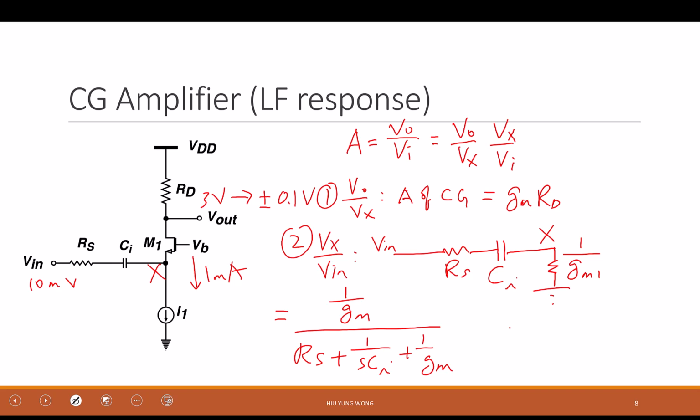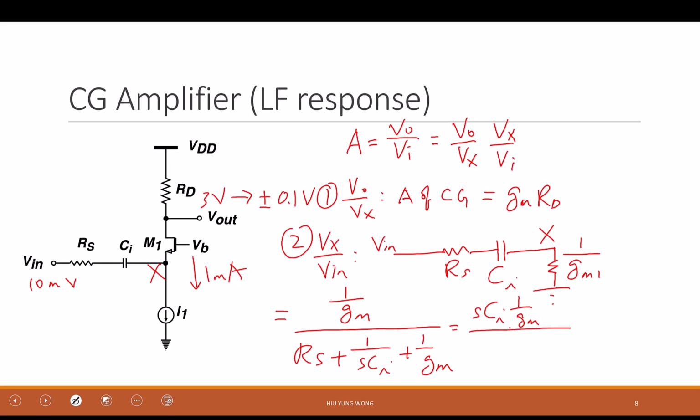And do I assume anything? Actually, I don't. So this is equal to, I'm going to multiply everything to the top. I get Sci. I still keep 1 over Gm. Okay?